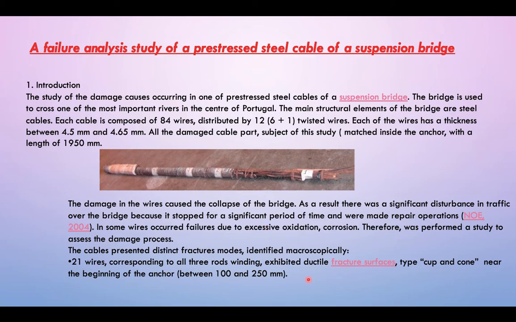The fracture distances were identified microscopically in 21 wires, corresponding to ductile failure structures, which are cup and cone, near the beginning of the anchor between 100 to 250 mm. By observing the main cables microscopically, we get cup-cone failure in the anchors between 100 to 250 mm.